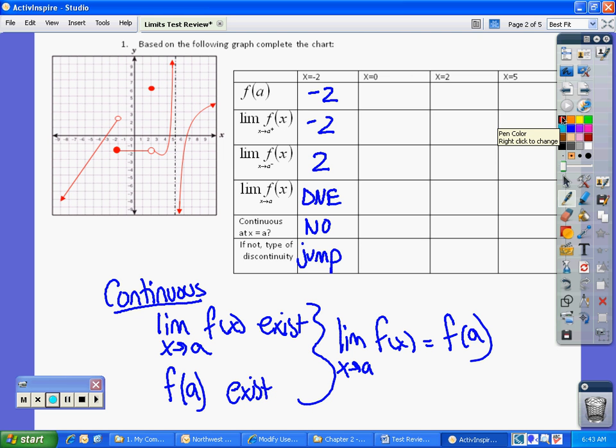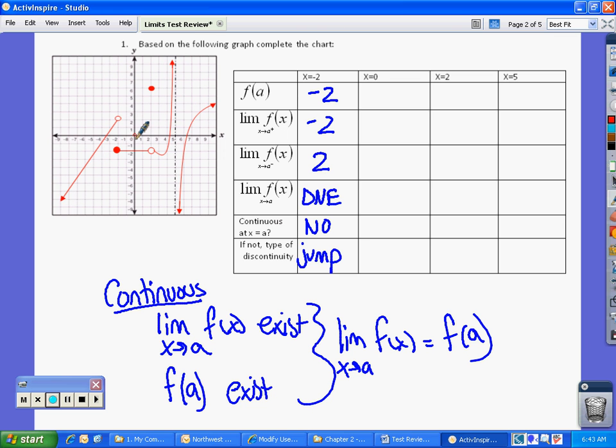Okay, so we're looking at x equals 0. What's the function doing at 0? There's a point on the graph at negative 2. What's the function doing to the right of 0? As we approach from the right, we're at negative 2. What's the function doing to the left of 0? Negative 2.